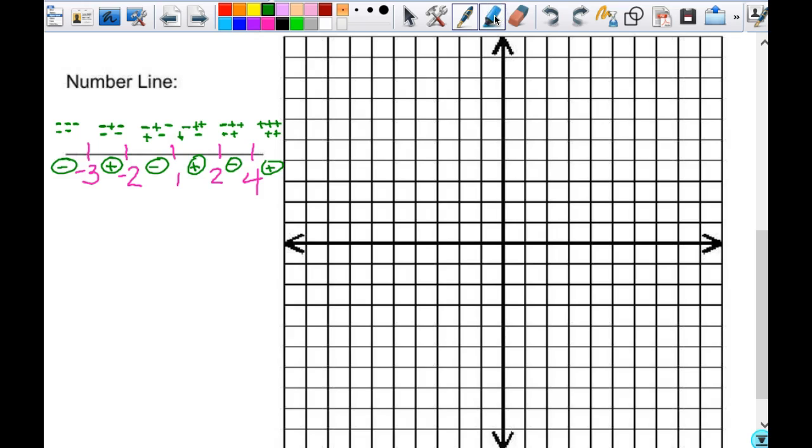So I'm going to start with my vertical asymptotes, which would be at negative and positive 2. And then I have my oblique asymptote, which is at x equals negative 2.